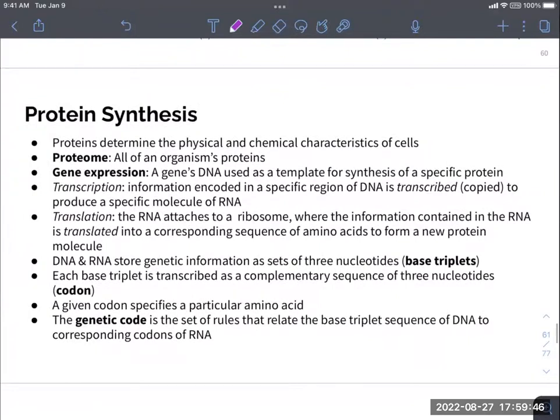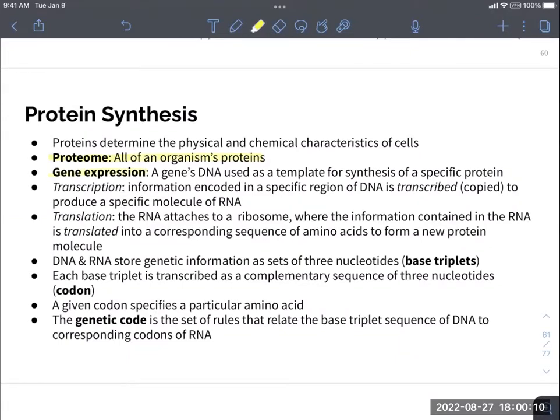Let's look at protein synthesis, because this is a process that helps to make our proteins from RNA and DNA. Proteins are determined by the physical and chemical characteristics of the cell. We have the proteome, which is all of the organism's proteins. And then we have what is called gene expression.